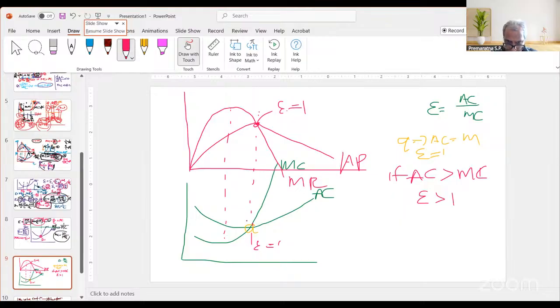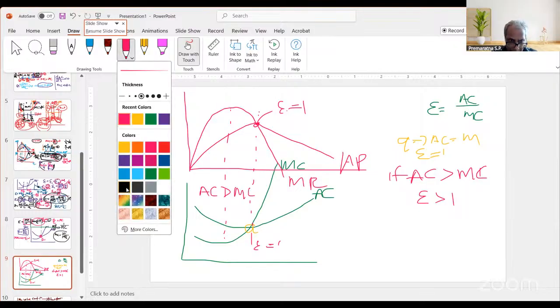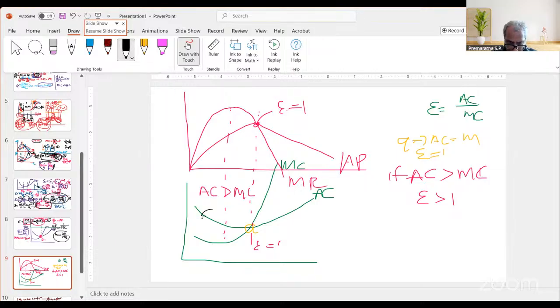So what we are talking about, this is 1 here, the average cost curve you can see above and greater than the marginal cost, which means that the elasticity is greater than 1.